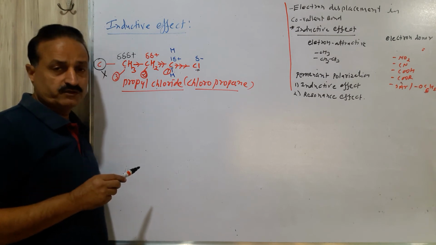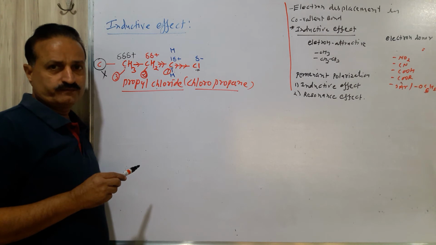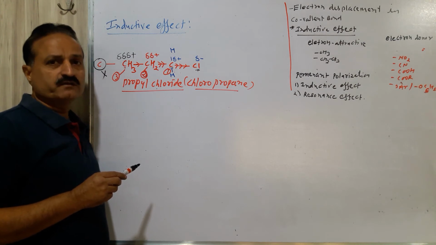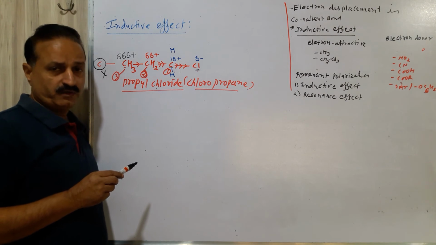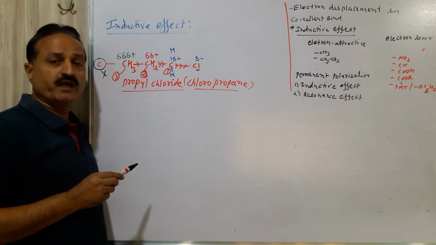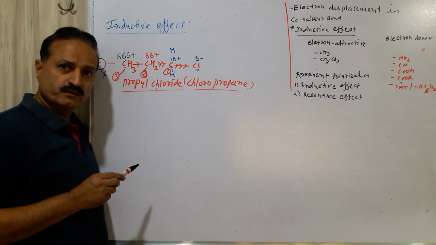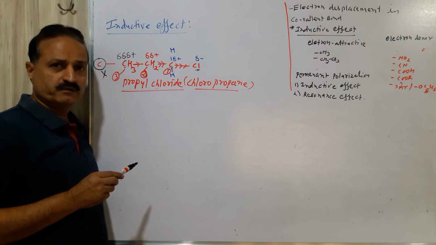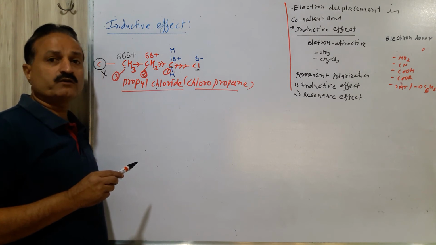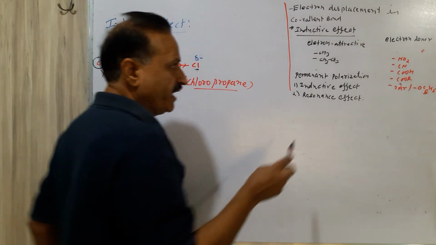Some functional groups can drag the electrons; those groups are known as electron attractive groups, and some groups donate the electron pair, so they are known as electron donating functional groups.